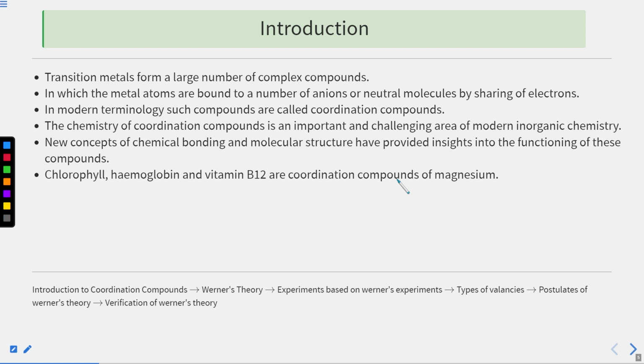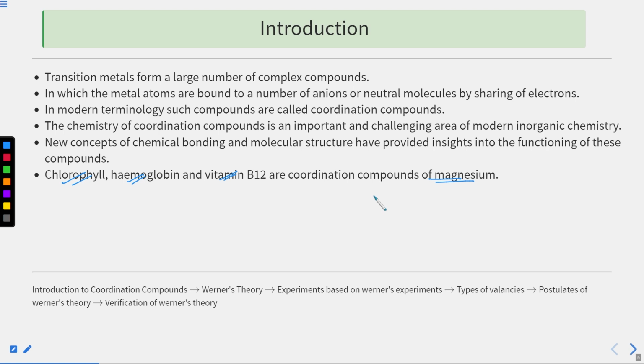Examples of coordination compounds in nature are chlorophyll, which is found in plants, hemoglobin, which is found in human blood, and vitamin B12. All of these are nothing but coordination compounds of metals. Therefore we can say that coordination compounds are very important for our survival.